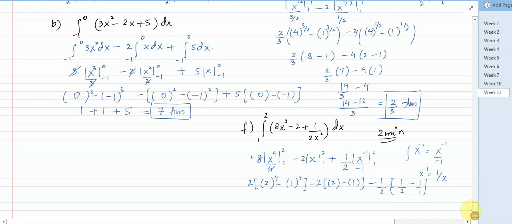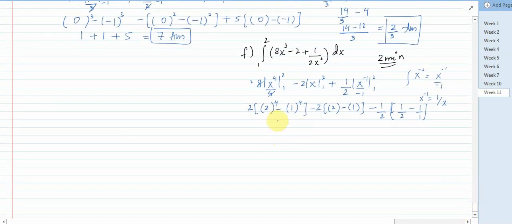Alright, and now we are ready to simplify the solution. So it's 2 power 4, it's 16, minus 1, minus 2. 2 minus 1, 1, minus 1 upon 2. 1 upon 2 minus 1, it will be minus 1 upon 2.